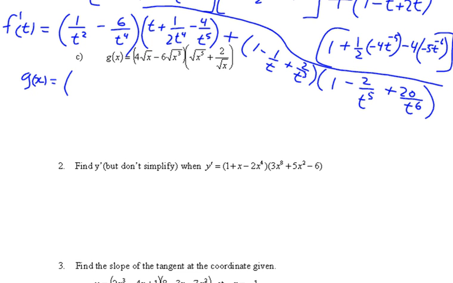All right, so here I would rewrite this as 4x to the half minus 6x to the 3 halves. Here this one, x to the 5 halves, and then plus 2x to the negative half. If you rewrite your original function like that, it might be a little easier to take your derivatives. So I promised that I'd let you guys do this one, so go ahead. You can do it.